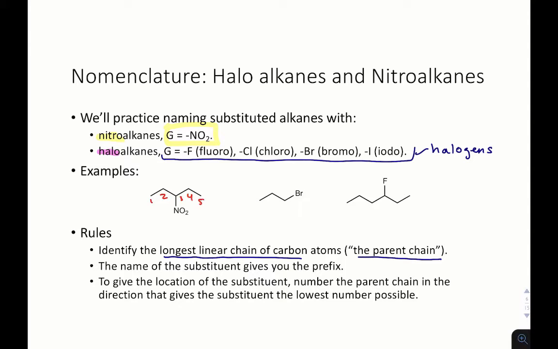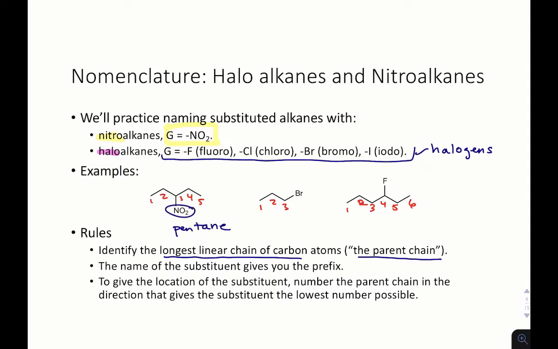All right, because these are all straight chain, it's relatively straightforward to find the longest linear chain. Okay, so there we go. The name of the substituent is going to give you the prefix that you're going to put in front of the name. And then we're going to need to give the location. So let's just apply these rules to the first example. We had 5 carbons in the longest linear chain, so this is going to be a pentane.